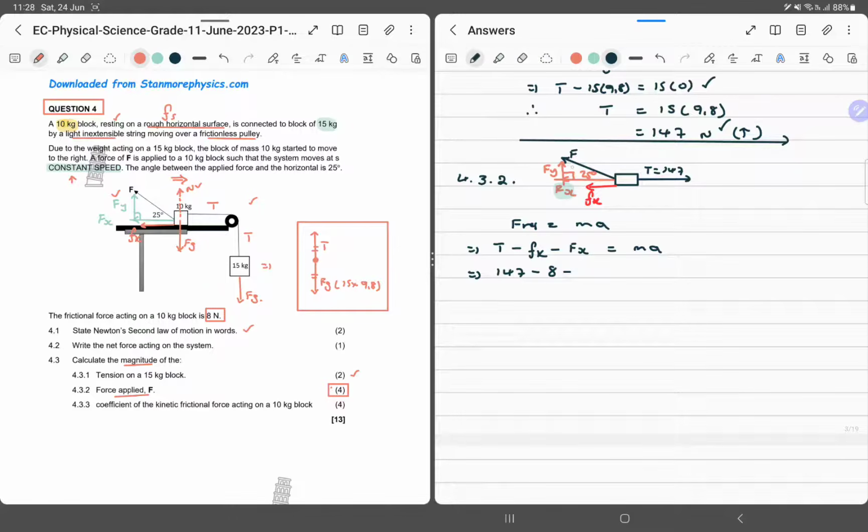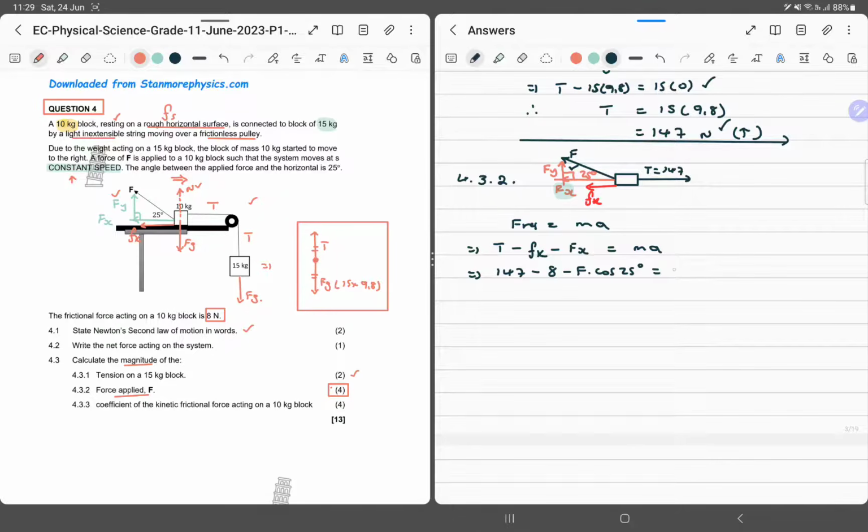By looking at that triangle, Fx is basically F times cos of 25 degrees, because cos is Fx over hypotenuse, which is F. So when we work out Fx across multiply, that's what we're going to have.